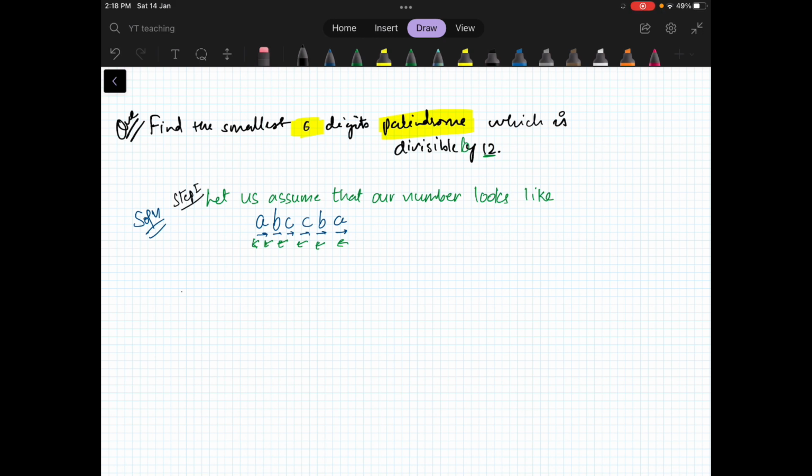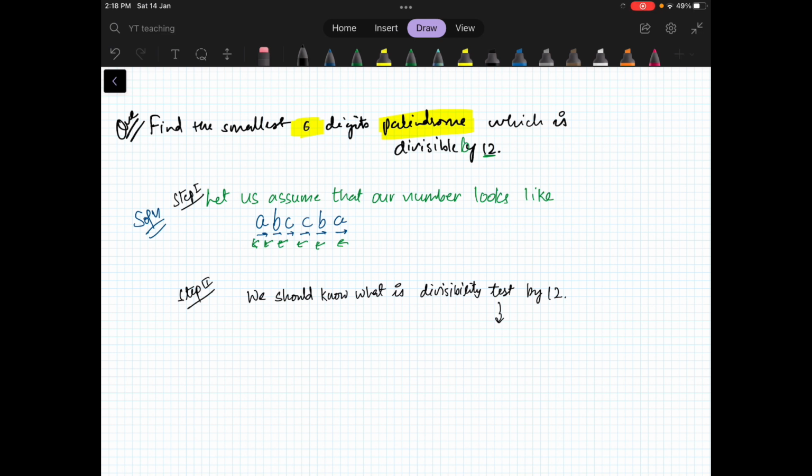Now step 2 is we should know the divisibility test by 12. If you want to check whether a number is divisible by 12 or not, what is your test? You know the test. If you don't know, I will tell you.